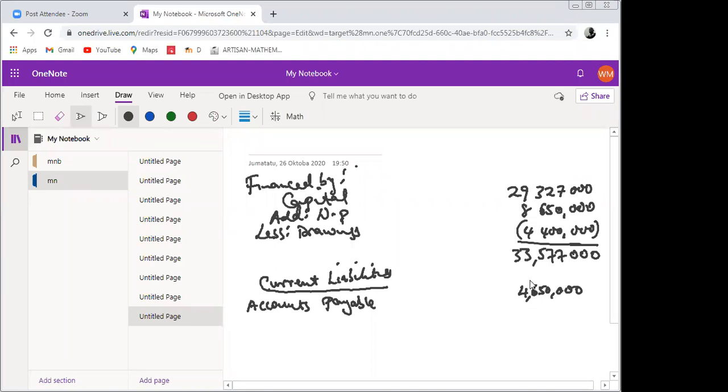Let us confirm from the top: land, inventory, accounts receivable, bank, plant, cash, capital, net profit, accounts payable, drawings. Then I think the accrued salaries. Anything accrued is a current liability. Accrued salaries of 350,000.